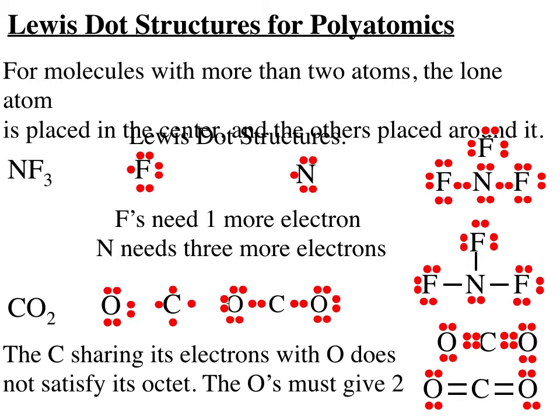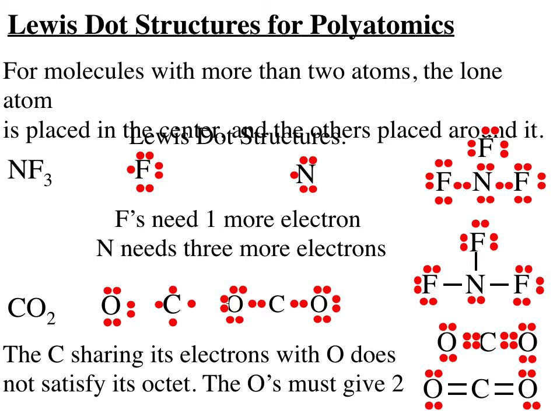Oxygen, column 16, 6 valence electrons. Each oxygen needs 2 more. And since the oxygens are connected directly to carbon, not to each other, the only place oxygen can get 2 more electrons is from carbon. So carbon, you can tell right away, will be kicking 2 electrons into the sharing zone.